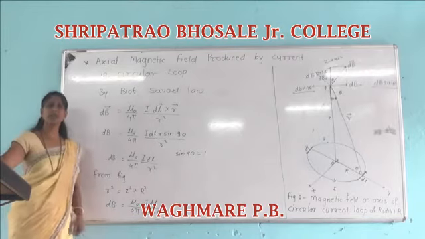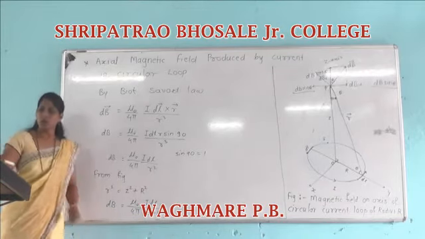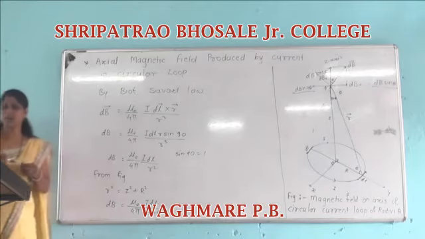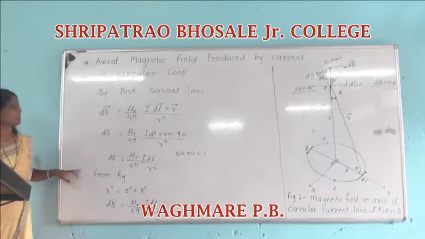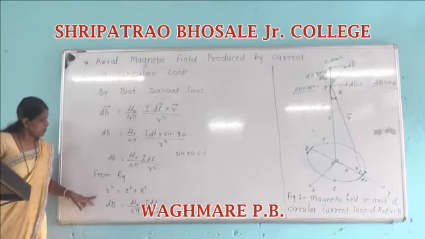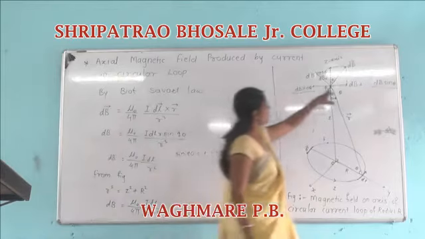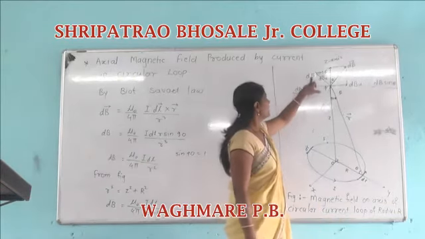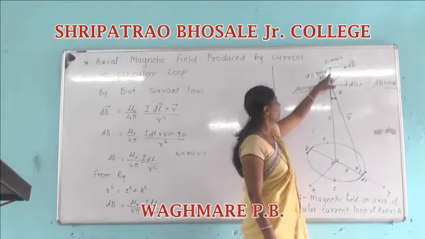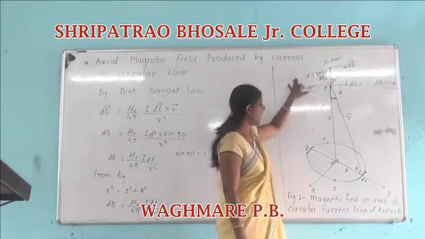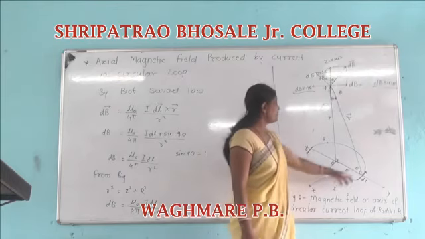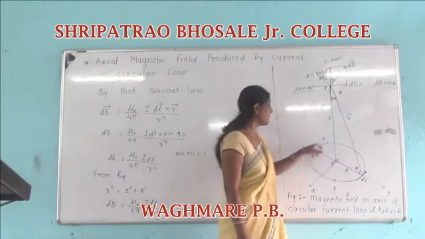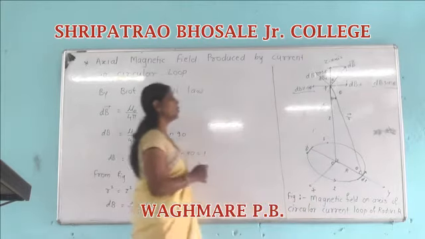Now here we know that these components cancel each other and the component dB cos theta will be added at each and every point when we consider a small element at a different point on this circular loop.